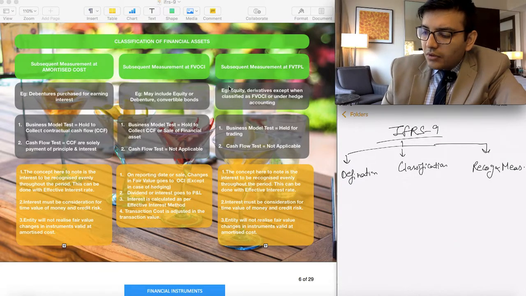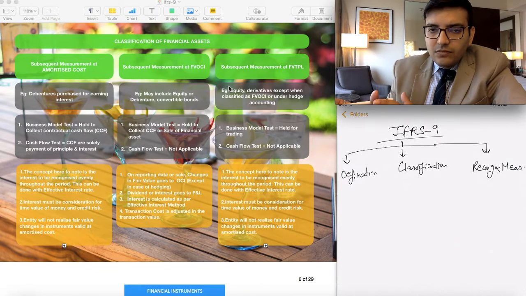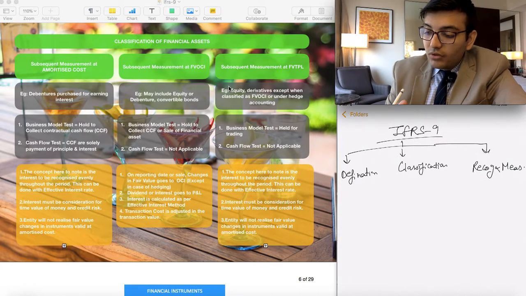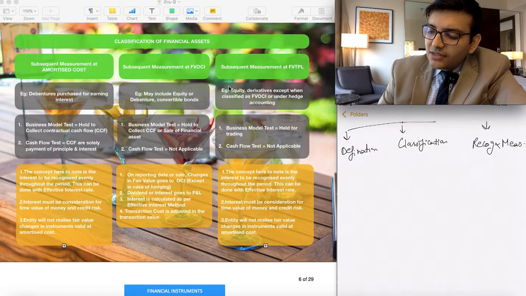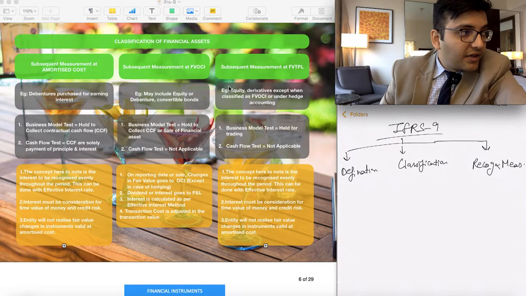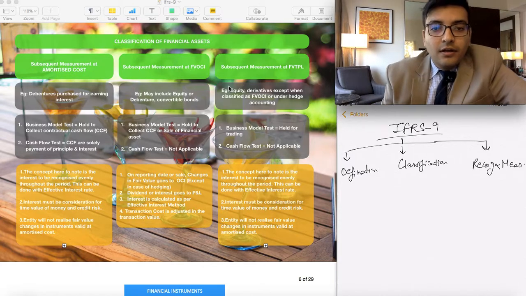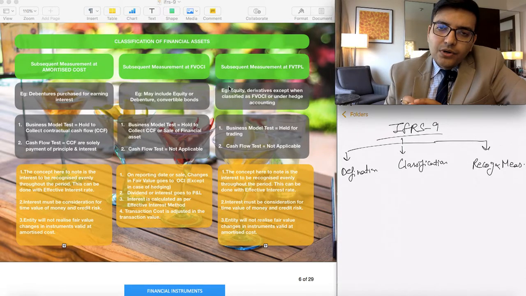So first of all, let us understand the concept of IFRS 9 through its classification. So see, what is classification of IFRS 9? In IAS 39 there were 4 classifications which we talked about earlier in this lecture.